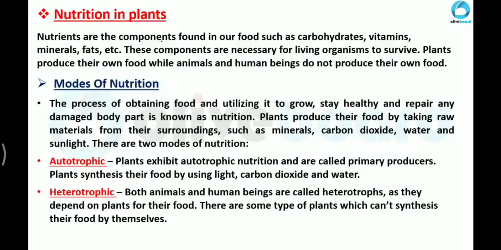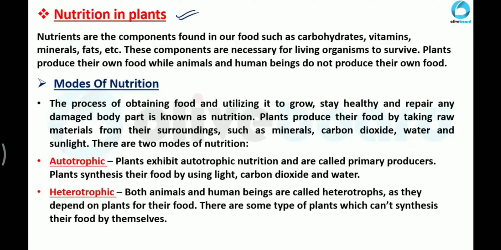First of all, why is nutrition essential for us? Obviously, plants, animals, and human beings are living organisms, and to survive we require nutrition. From nutrition we get nutrients.